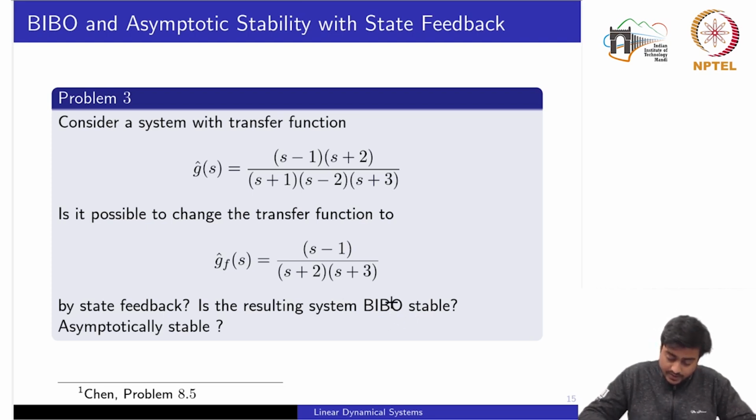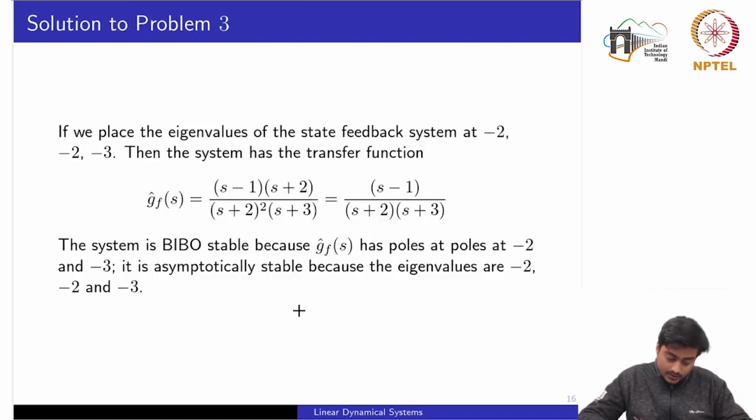This question is significant because, if you recall from the stability week, whenever the system is asymptotically stable, it is also BIBO stable. But if the system is BIBO stable, we cannot say that it is asymptotically stable. So let's see the solution of this problem.